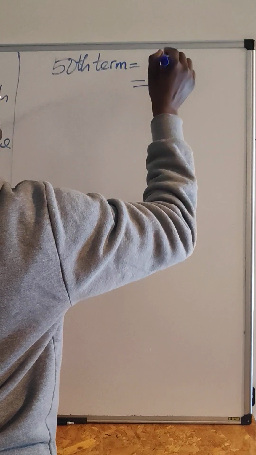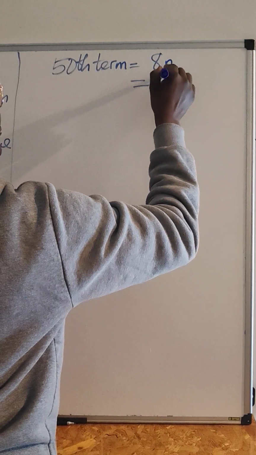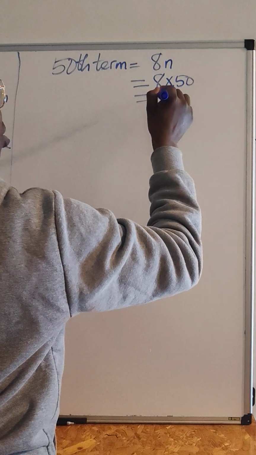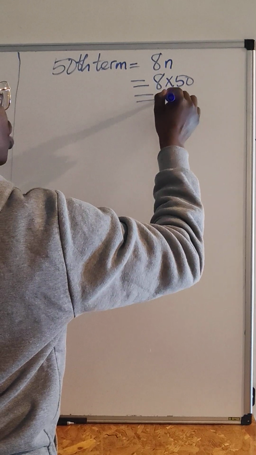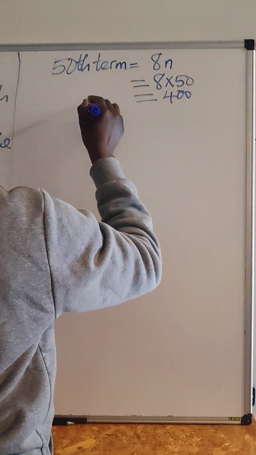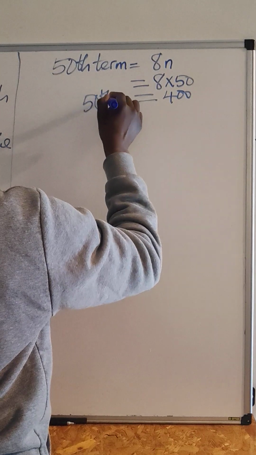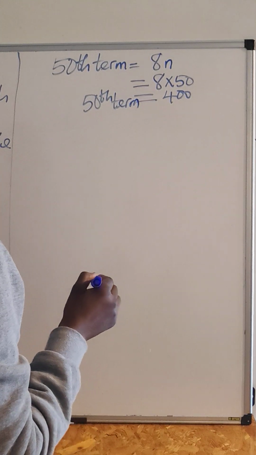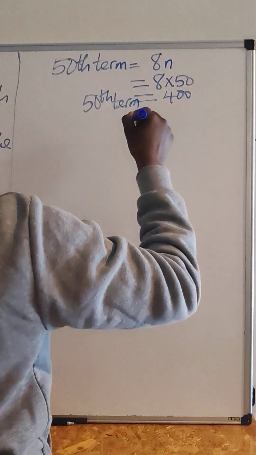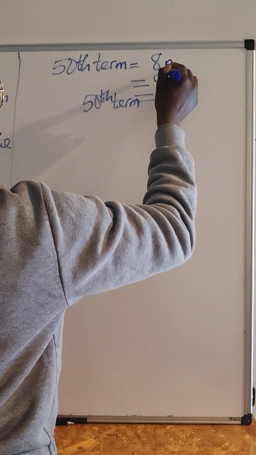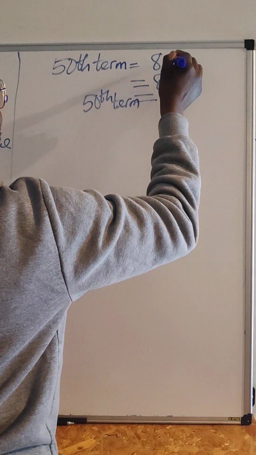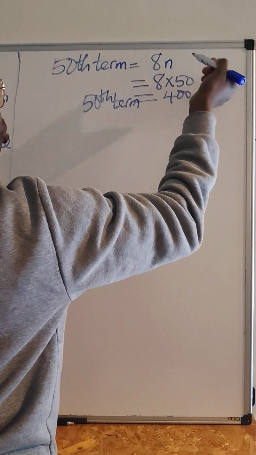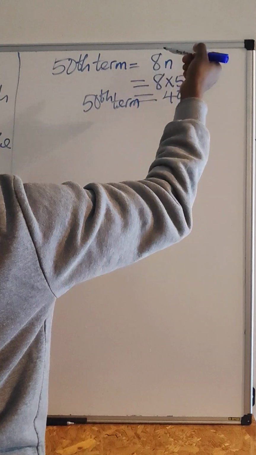So where we have the n, we'll supply 50 there. So it's gonna give us 8 by 50, which is 400. So the 50th term of this sequence is 400. Because since the nth term is 8n, the 50th term will be 8n. You now replace n by 50.